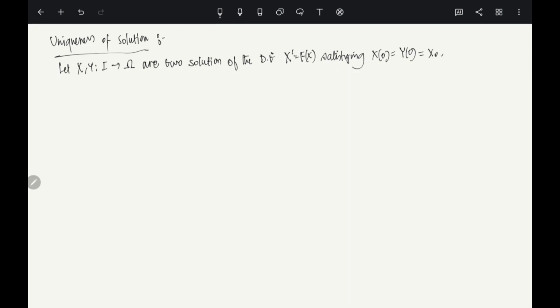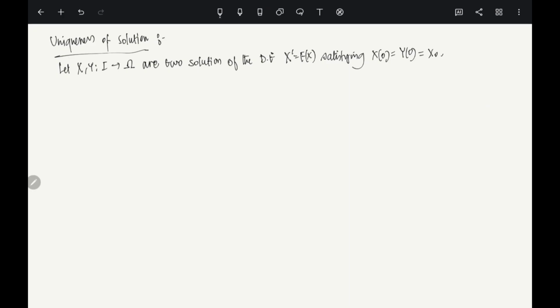Okay, see why x and y are from I to R. X of t and y of t should also satisfy f of x of t, right? And the domain of f is omega, so basically x of t has to be in omega. Clear? So in that sense, essentially.